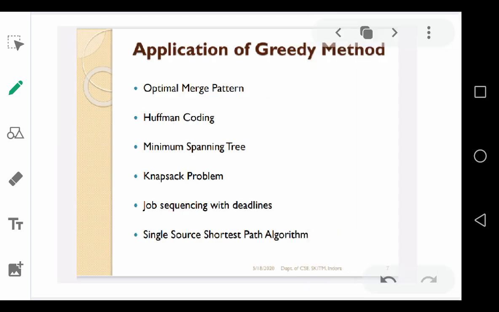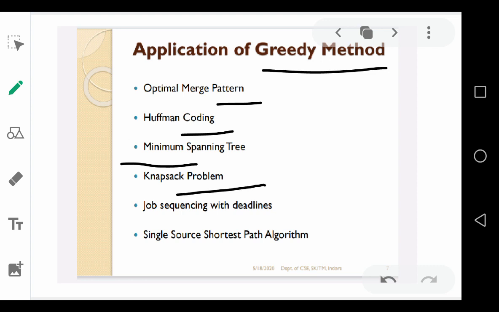Now we'll see some applications of the greedy method. In short, these are the various problems that can be solved using the greedy method. First is optimal merge pattern, second is Huffman coding, third is minimum spanning tree, fourth is knapsack problem, fifth is job sequencing with deadline, and sixth is single source shortest path algorithm.